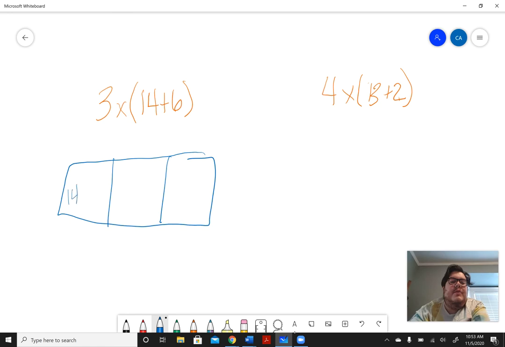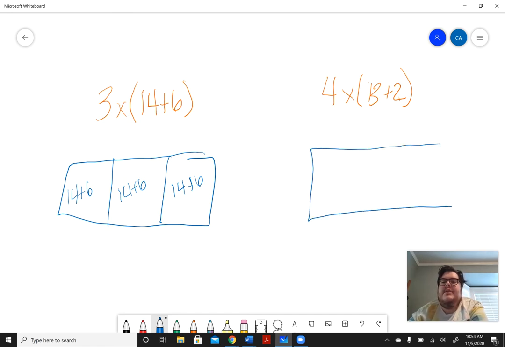Each one is going to be 14 plus 6. Over here, I have 4 times the sum of 13 plus 2. That tells me I'm going to have 4 groups, and inside those groups, I'm going to have 13 plus 2.